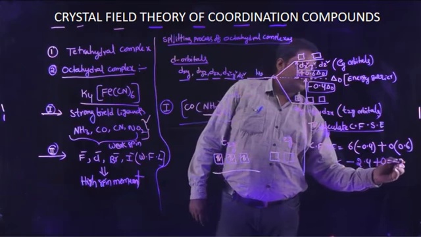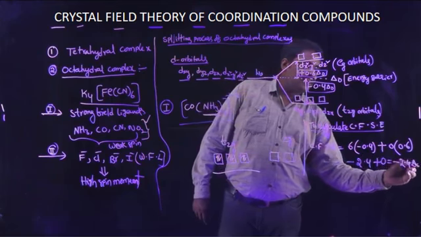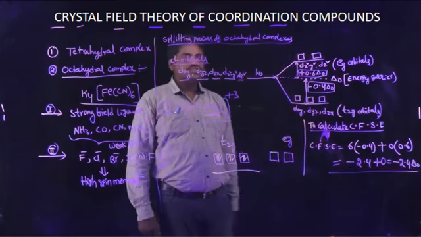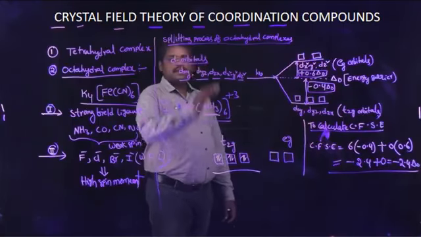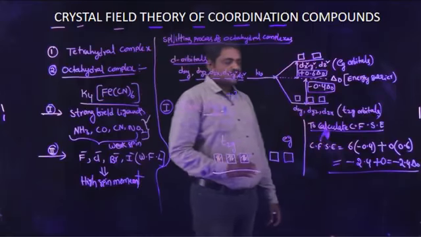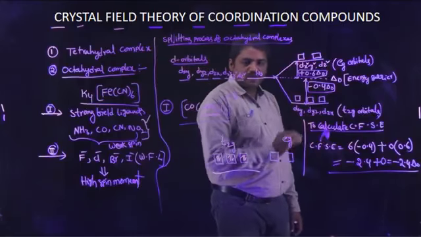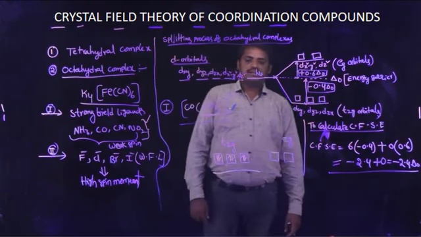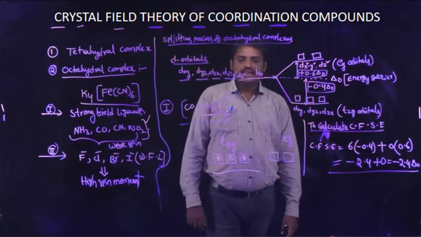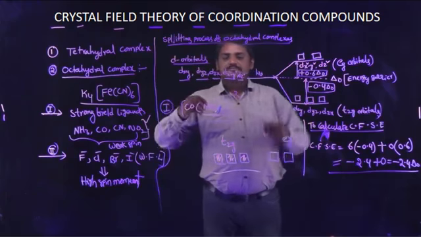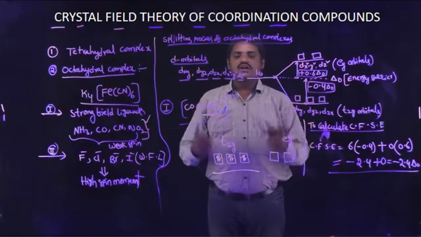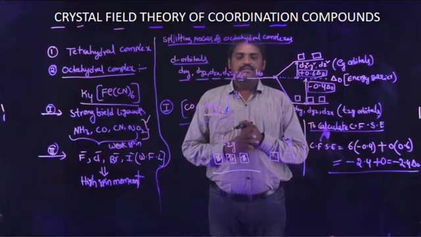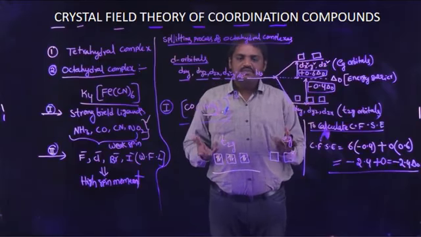So finally the crystal field stabilization energy in this complex is minus 2.4 delta naught. So this is the splitting process of an octahedral complex, and how to calculate the crystal field stabilization energy.